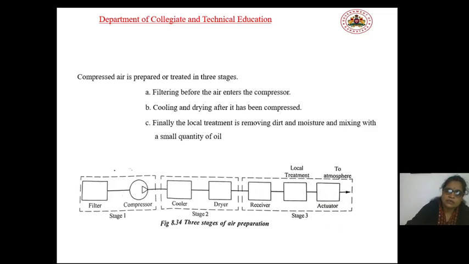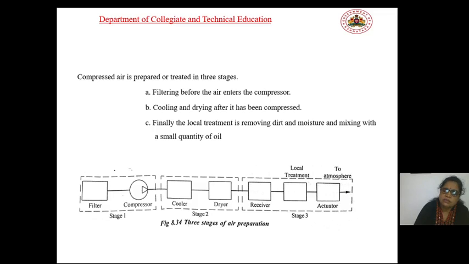Hence the pneumatic system is called an open system compared to hydraulic systems. The hydraulic system is a closed system, whereas the pneumatic system is open because air is taken from the atmosphere, and once the process is done, it is sent back to the atmosphere.